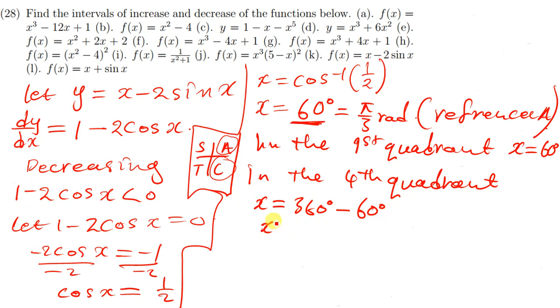So the value of x becomes 300 degrees. So now, after finding these two solutions, we can now put them on the real line.